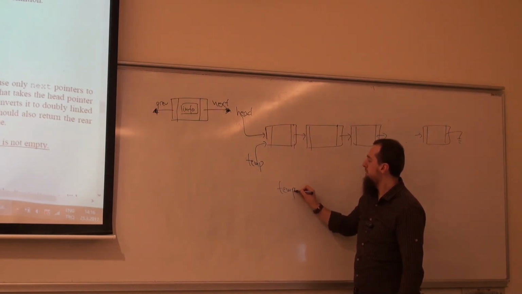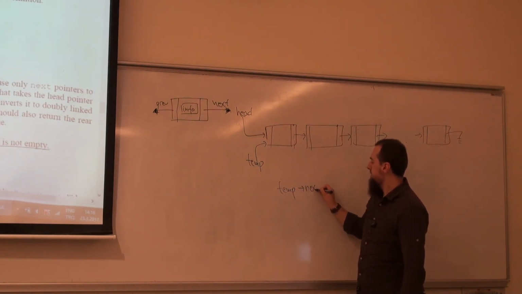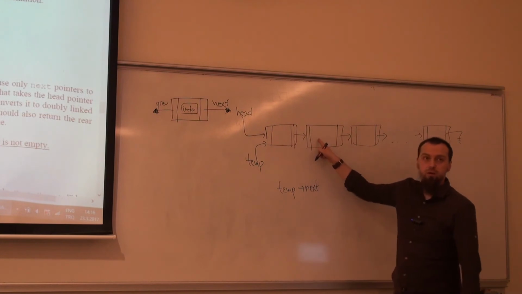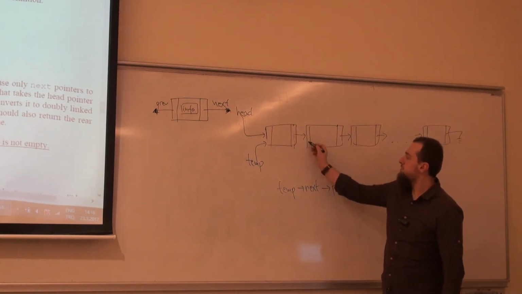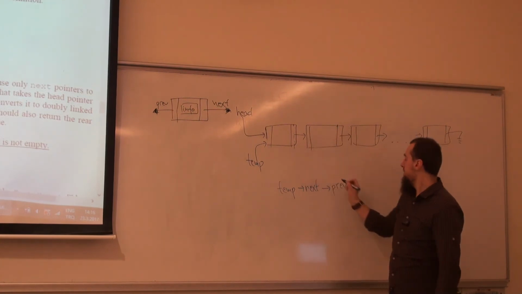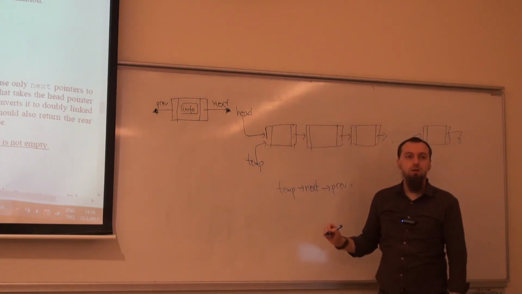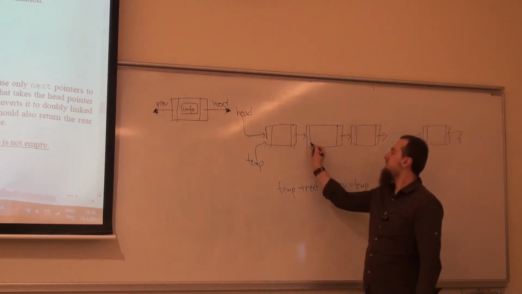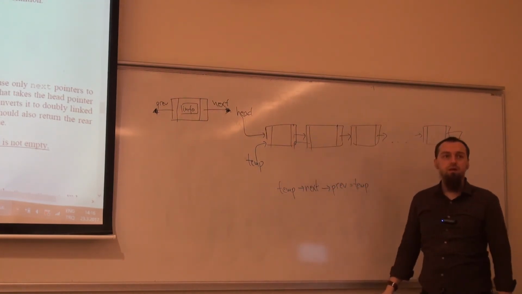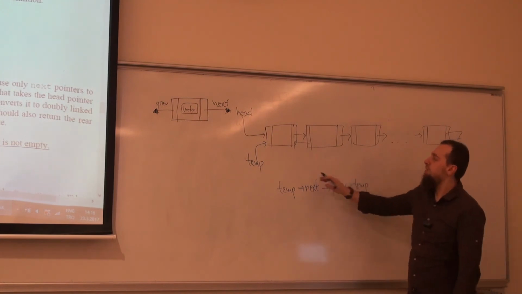Your friend is saying we are going to do this. Temp next, which is here. Previous, which is this pointer here, is equal to what? This is equal to temp, yes. And then temp next. Oh, okay.